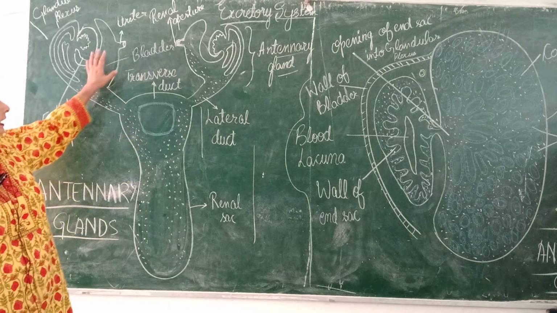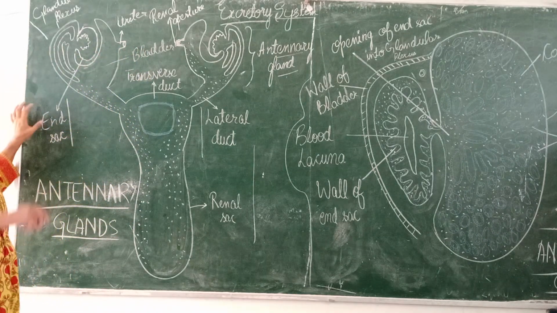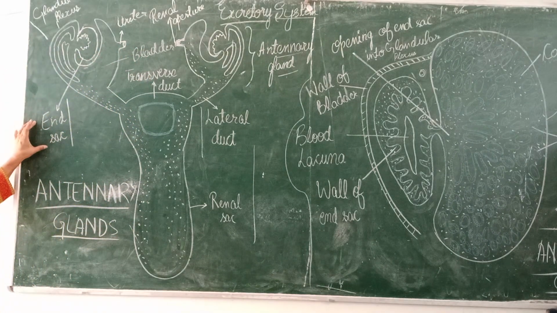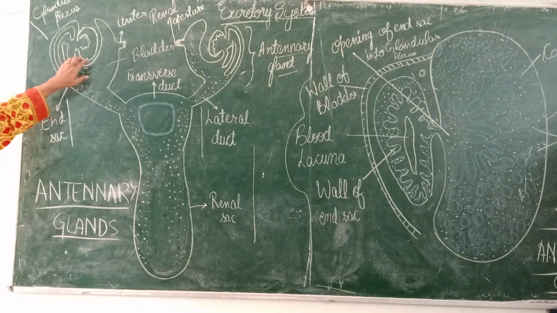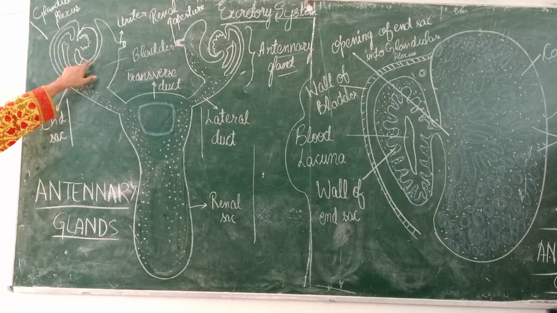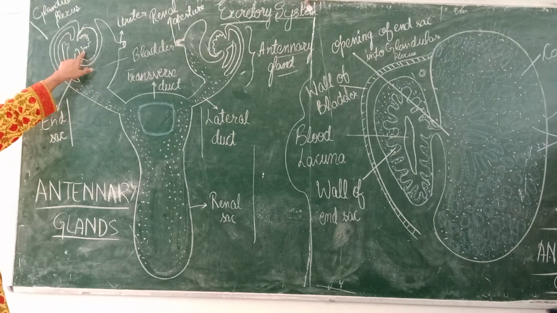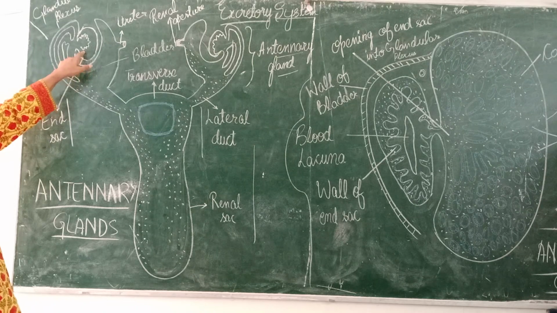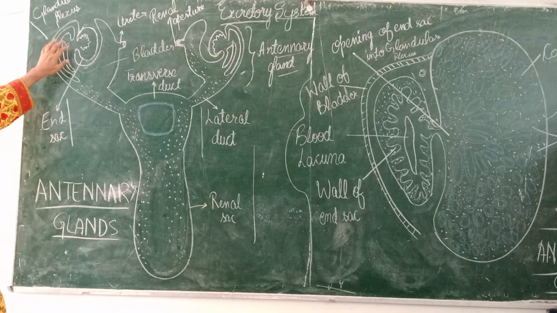Again I am telling, there is the end sac, which is double membraned. The outer membrane is smooth and the inner membrane is convoluted, and it has huge blood sinuses or blood vacuoles.